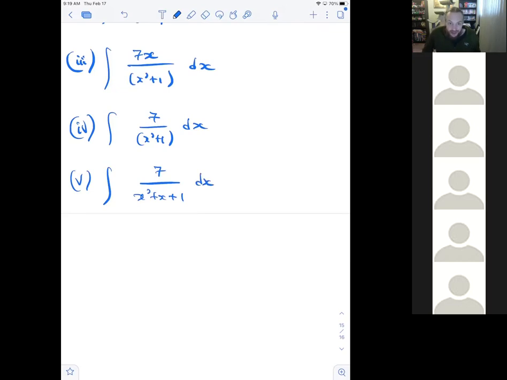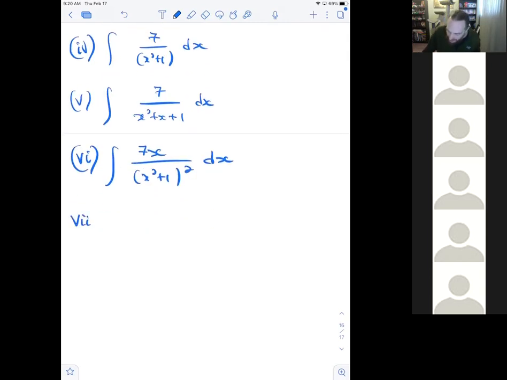That's irreducible, but now it's not a completed square. You've got to complete the square on that and then do our arctangent business. And then the worst case scenario is going to be the integral... well, you might have something that has 7x over x squared plus 1, say, to the power 2 dx. That one's okay. And the worst case scenario is going to be the integral where you don't have the x.